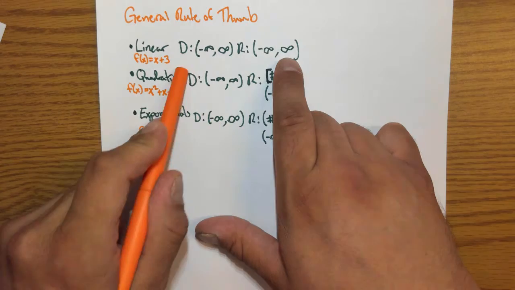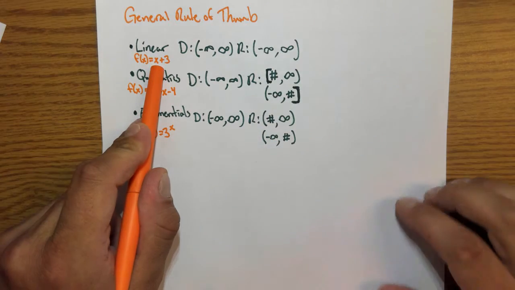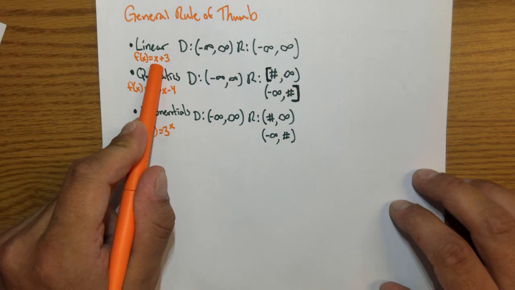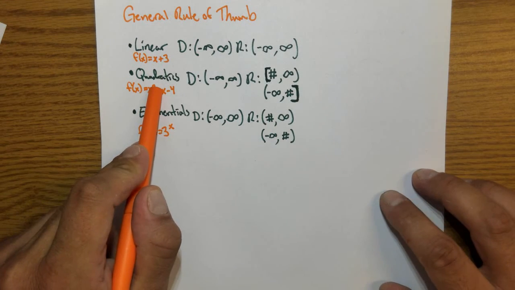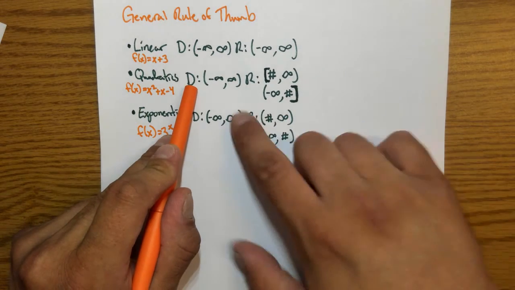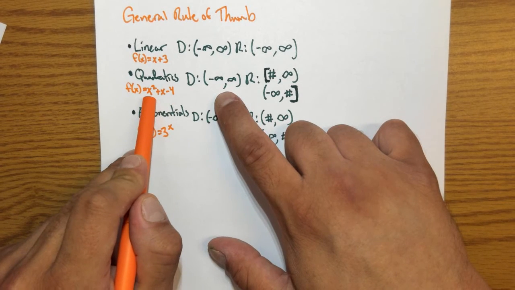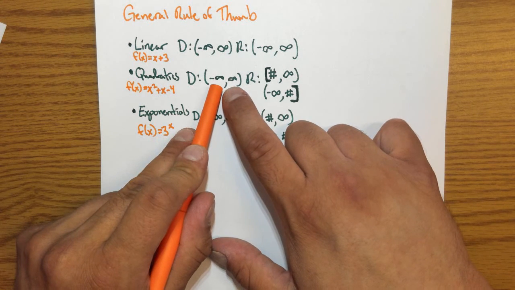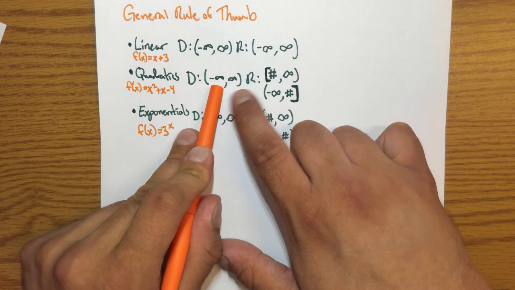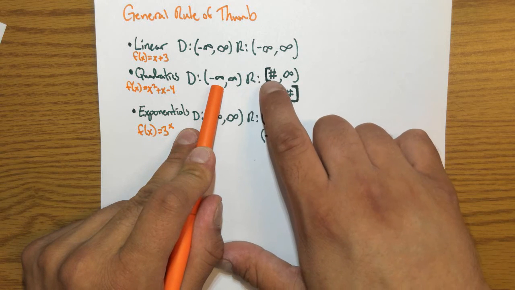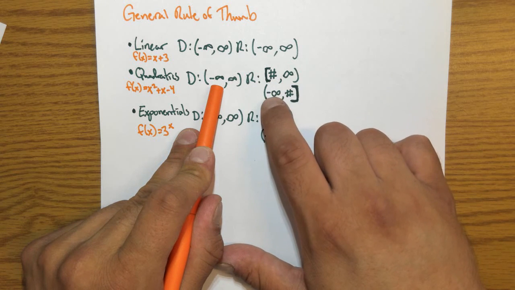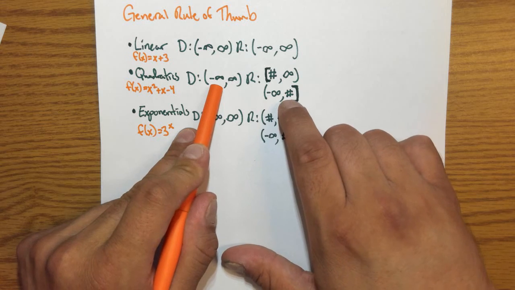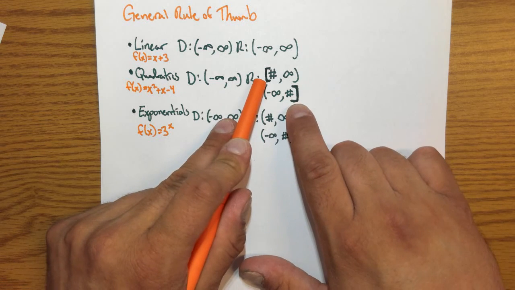That is the case with linear functions. Linear functions are just functions whose x is to the first power. Quadratics: a quadratic is a squared function. The domain is always from negative to positive infinity, and its range is either from some number to infinity or from negative infinity to some number. Okay, and they include those numbers, so we put brackets there.